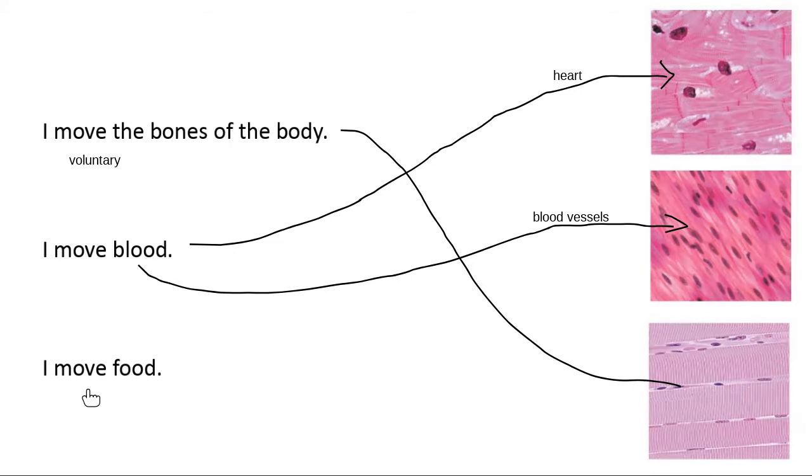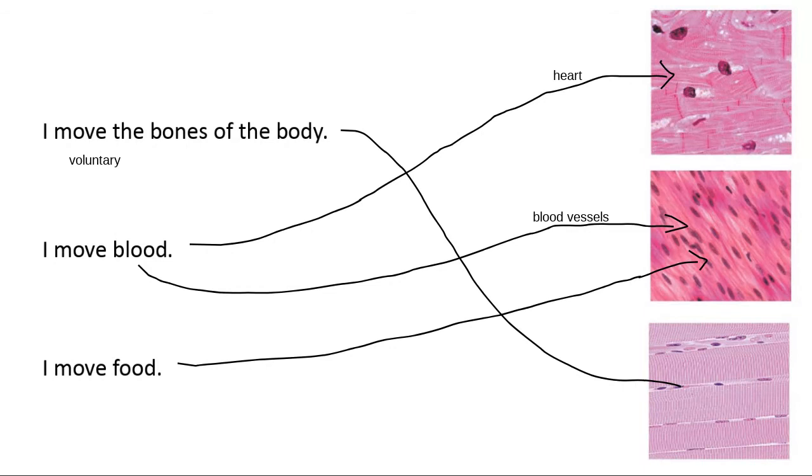When we talk about moving food, which kind of muscle tissue helps us to move food? Who's in charge of that? Everyone's favorite, right around lunchtime, right? Exactly. Yep, that's going to be the job of smooth muscle tissue. This smooth muscle tissue that I find in my favorite system.